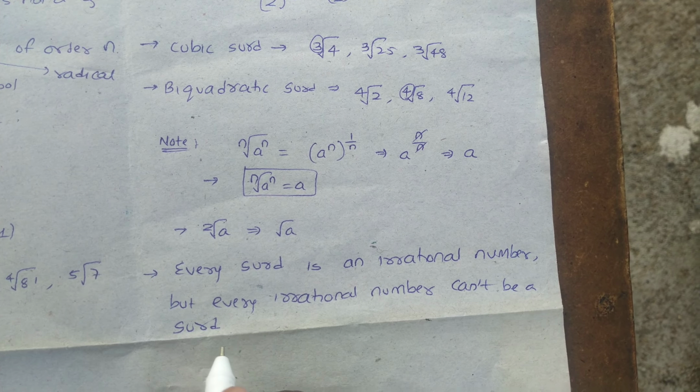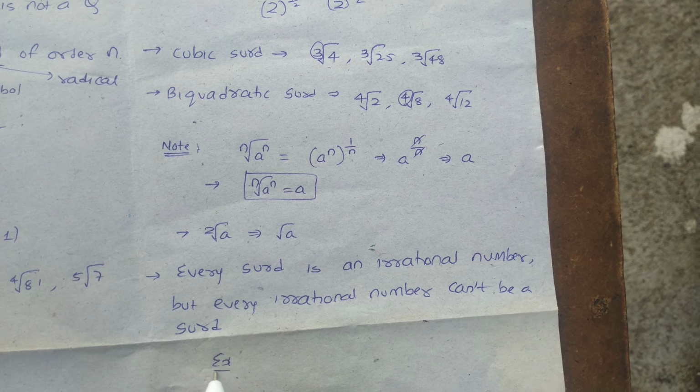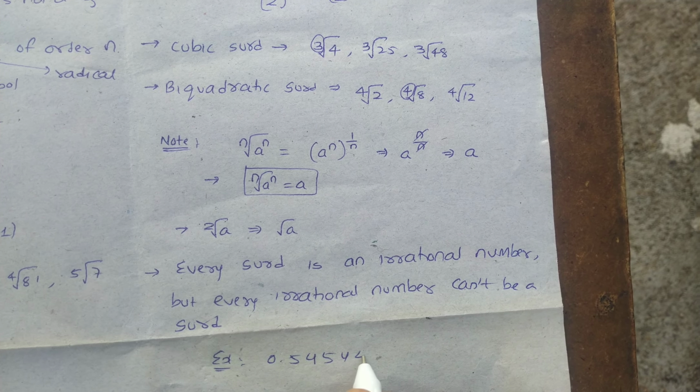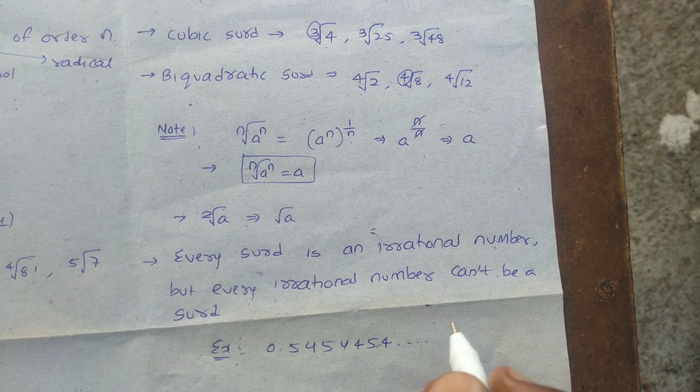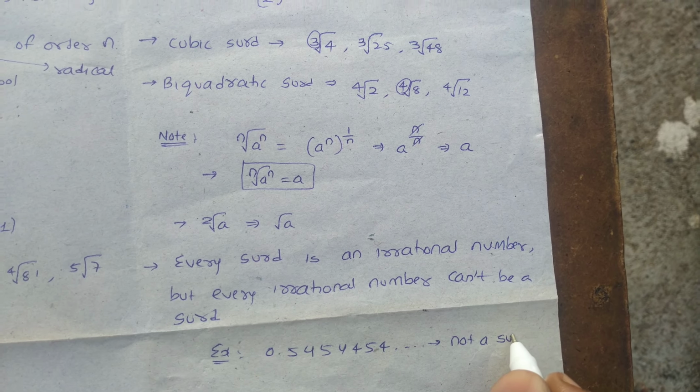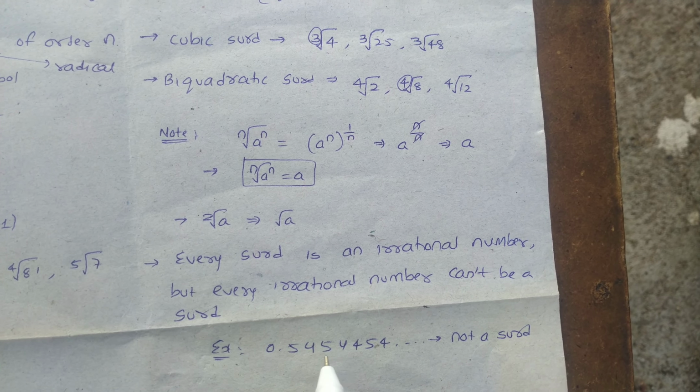What is the example? Suppose the example is 0.544 and so on, like this. It is not a surd. It is an irrational number.